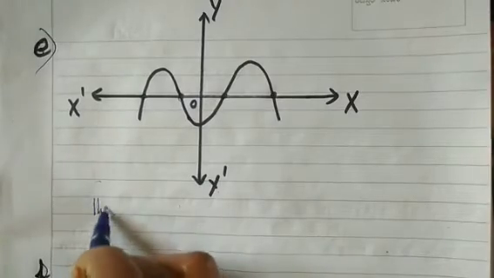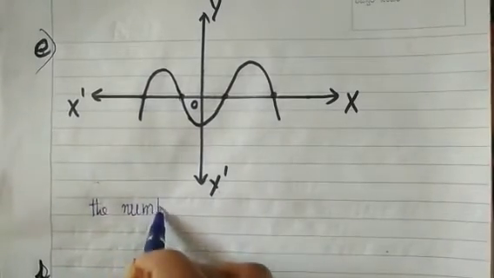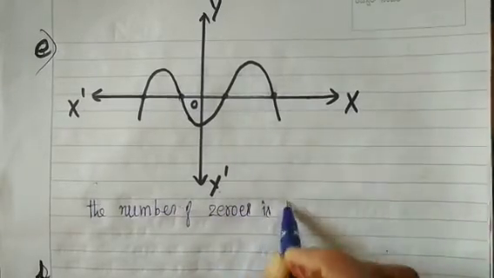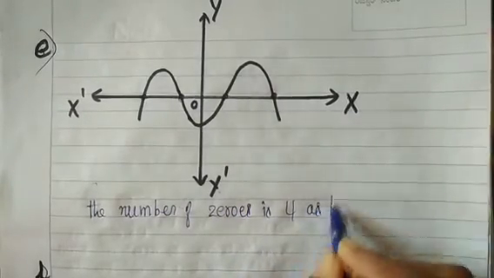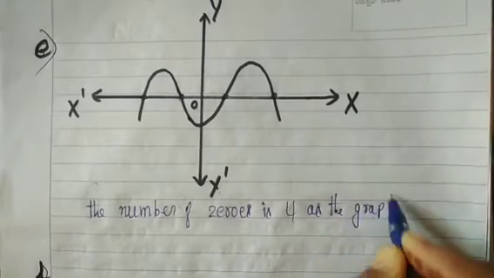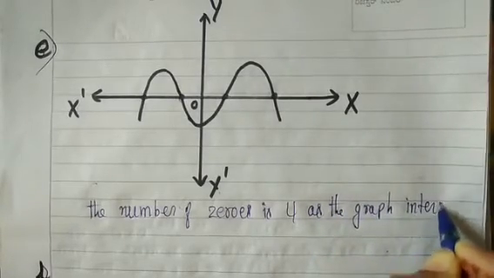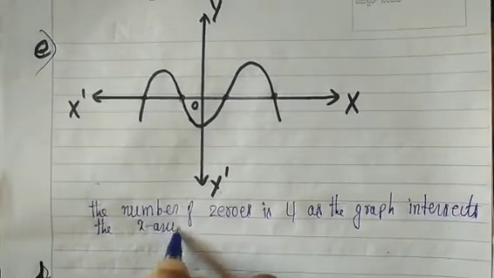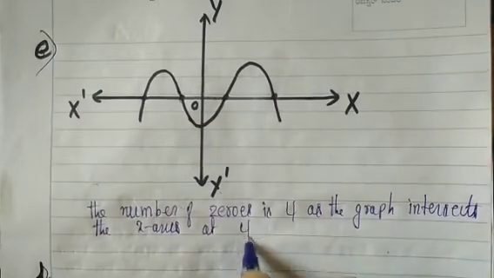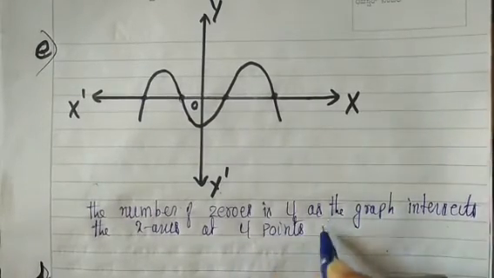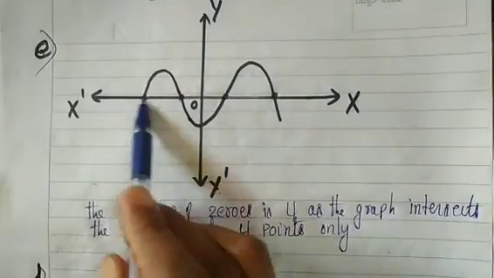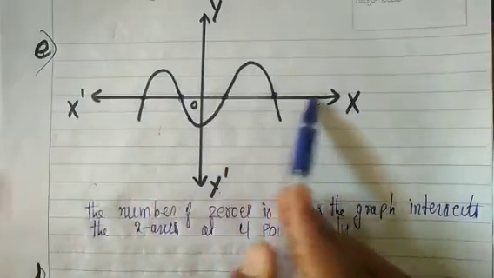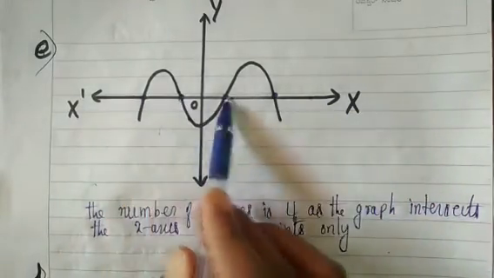Once again, the number of zeros is 4, as the graph intersects the x-axis only at 4 points.